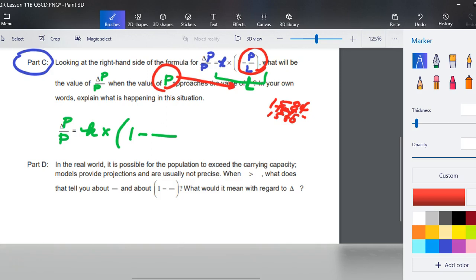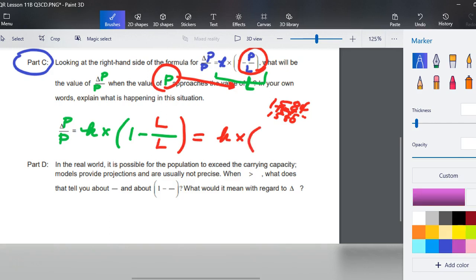So we know that L is the limit, it's the carrying capacity. And the formula is supposed to be P over L, but let's just get rid of the P and say, hey, P finally made it. It equals the L. Let's see what happens to the right side of our formula. So we get K times, let's see what's going on in here.